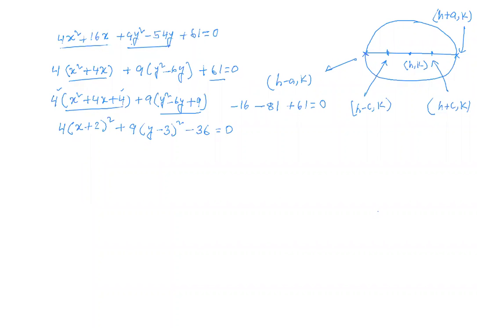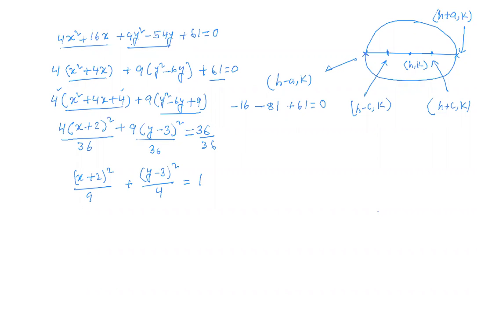I could move this negative 36 to the right, and then it becomes positive, right? Now I can divide both sides of this equation by 36. So that's going to give me (x plus 2) whole square over 9 plus (y minus 3) whole square over 4 is equal to 36 divided by 36, which is 1.